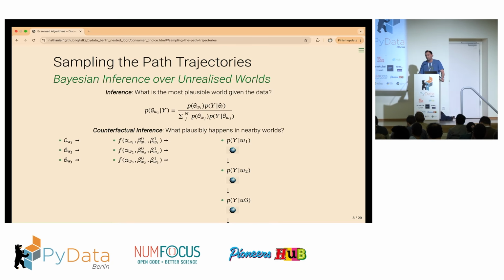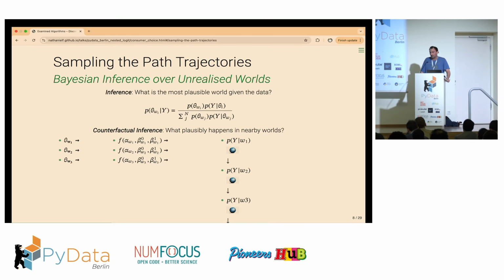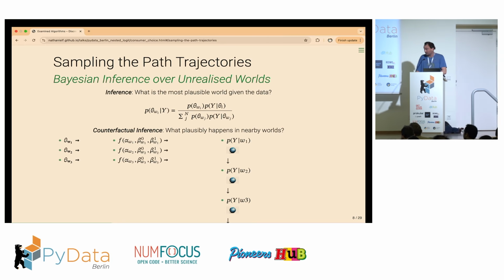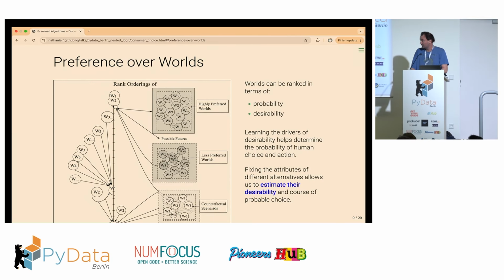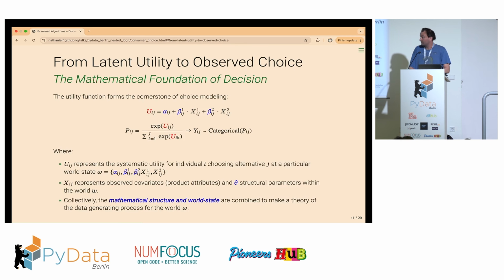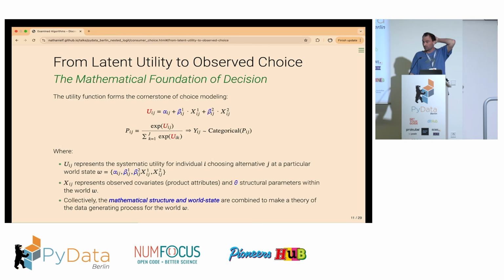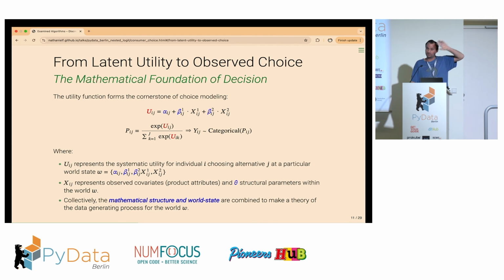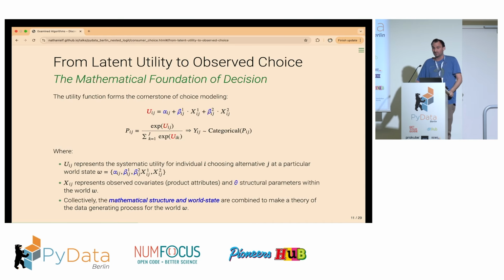So you could maybe do a distance function over the log likelihood of worlds. So that's distance in probabilistic space, we'll say. Distance in desirability, well, you will be estimating a latent utility score for each of the world states for each of the goods. So if you wanted to compare distance across the worlds and average desirability across the consumer base, you could probably aggregate over the latent utility scores and get a distance measure that way. Thank you.